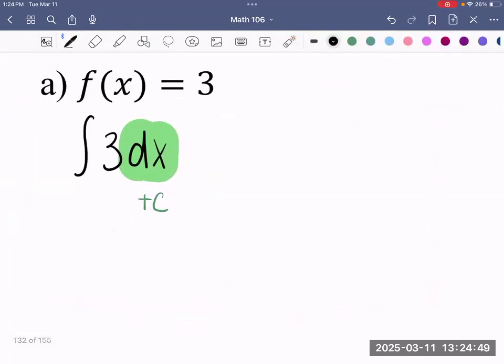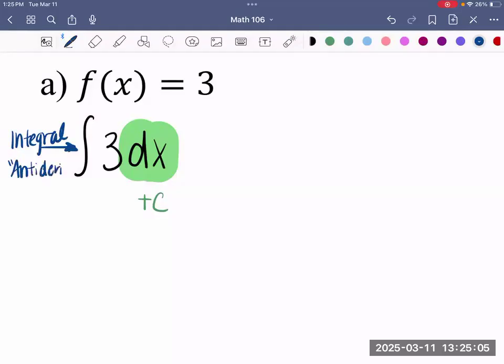So let's say we have this notation, and this is just how you say the integral here. That is to say, integral. This is the antiderivative. So it's telling us to work backwards, right?